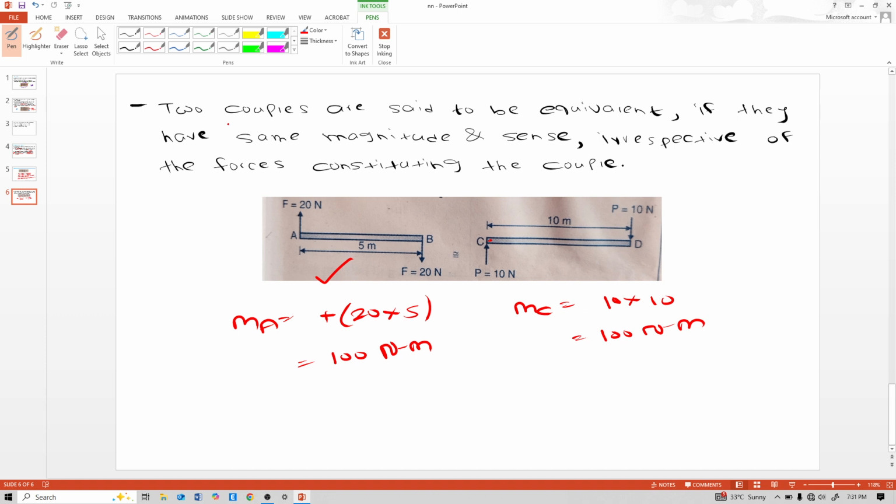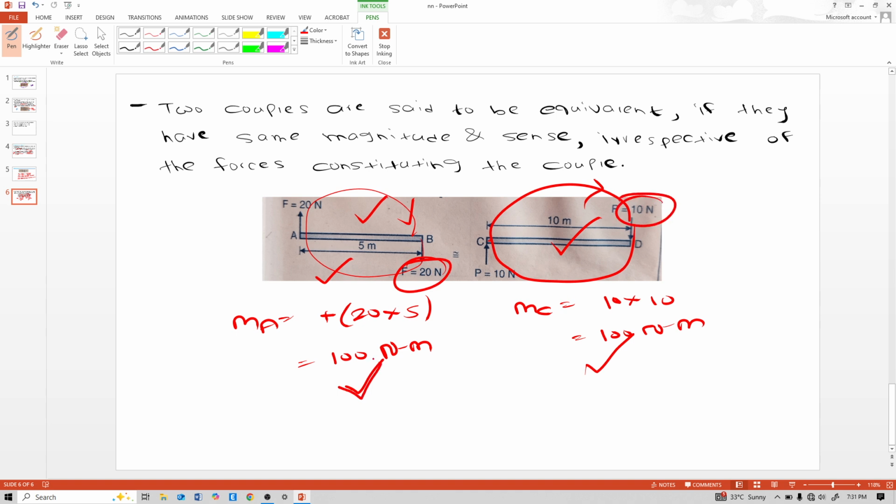So see, two couples are said to be equivalent if they have the same magnitude. This couple has 100, this couple also has 100 magnitude, and sense is also the same because it is clockwise and it is also clockwise, irrespective of the forces constituting the couple. So see, forces are different here. This 20, this 10 are different, but their magnitude and sense are the same. Moment magnitude and sense is the same. That's why they are equivalent couples.